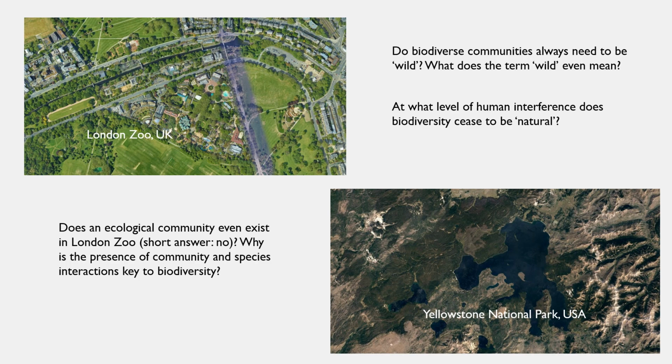So this does raise a question of why is the presence of functioning communities and ecological interactions key to defining biodiversity? And I argue the reason for this is that effectively you need these interactions to support species. Species do rely on each other for this kind of support.